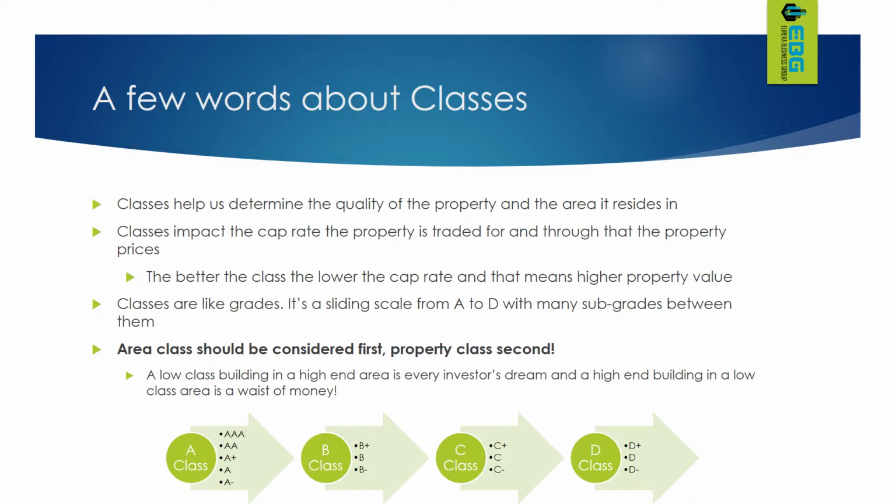That's what every investor dreams of, finding that diamond in the rough. But you can also go to the worst neighborhood in town and put a wonderful, beautiful building in it. Don't expect a line of lawyers and doctors on the waiting list trying to come in, because the neighborhood is not as safe as they need it to be in order to pay the premium for an A-class property.